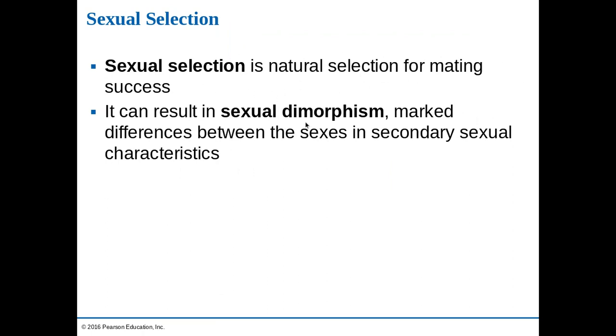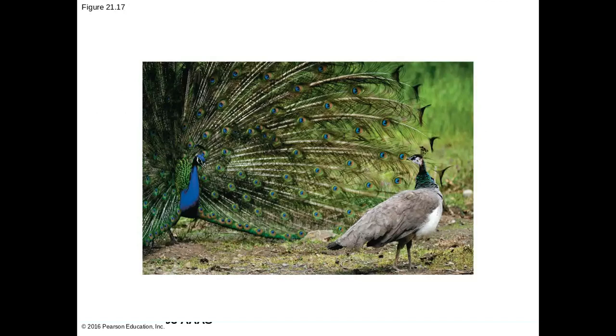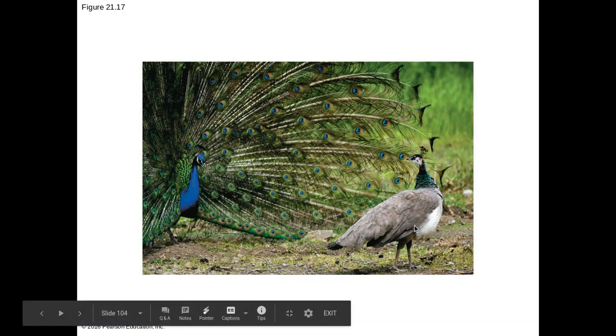Dimorphism means two different shapes or two different characteristics, which are very strong differences between the sexes in their secondary sex characteristics. Peacocks are a great example of this. The female peacock, known as the peahen, looks very different than the extravagant male peacocks.